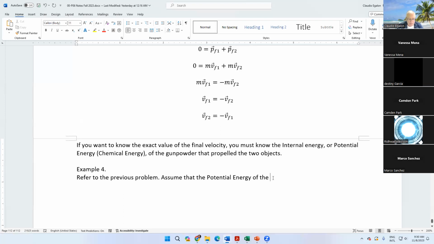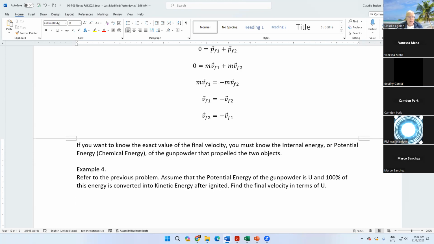Assume that the potential energy of the gunpowder is U, and 100% of this energy is converted into kinetic energy after it is ignited. Find the final velocity in terms of U, okay? In terms of U.